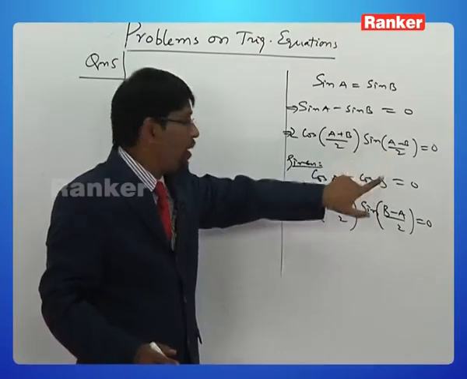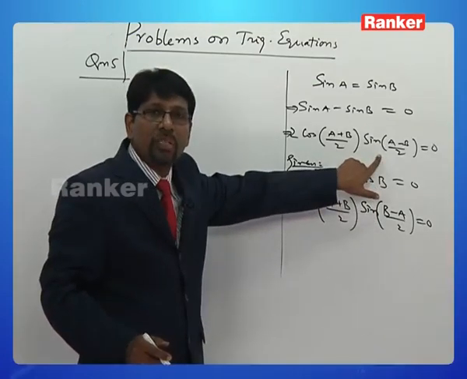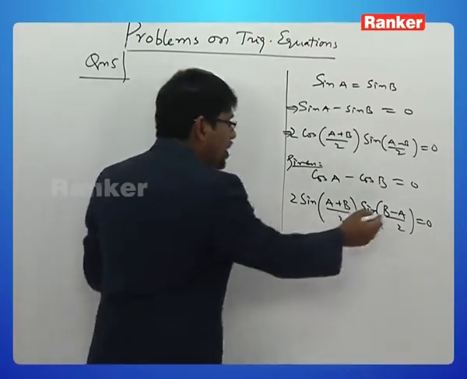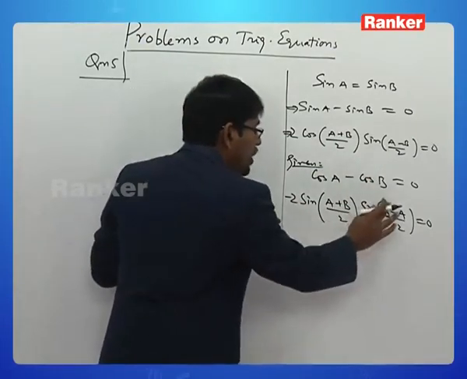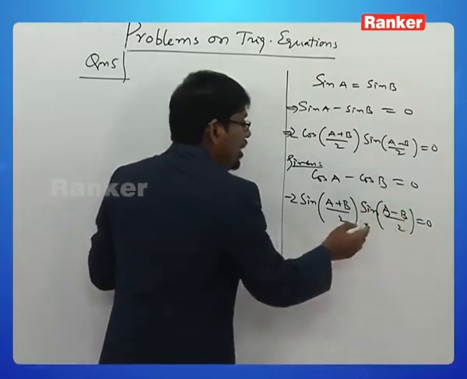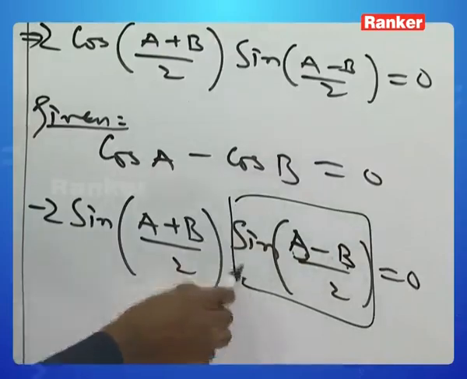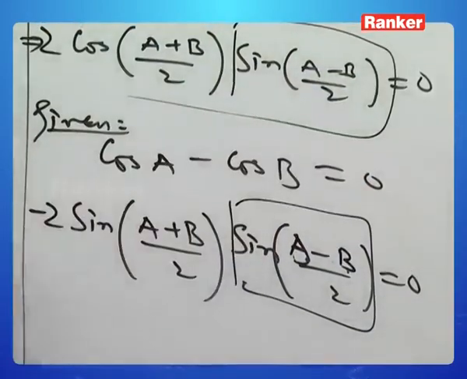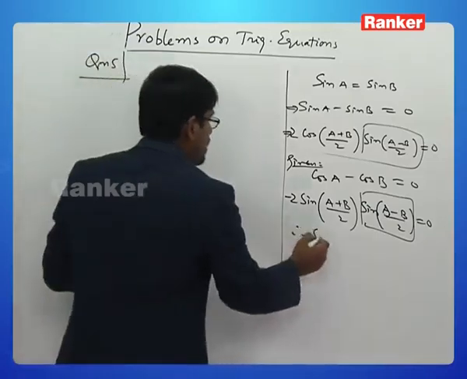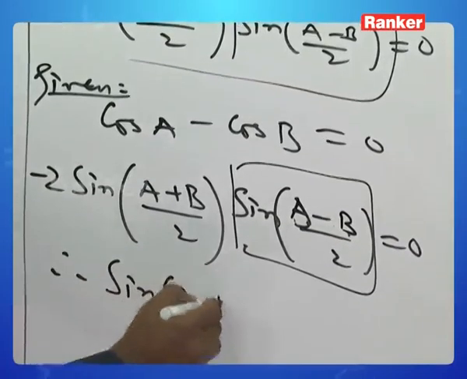What is that common factor? Sin of (A minus B)/2. Actually I could write this as minus sin of (A minus B)/2. Clearly if I take sin of (A minus B)/2 as 0, both these expressions become simultaneously 0. Therefore sin of (A minus B)/2 has to be 0.